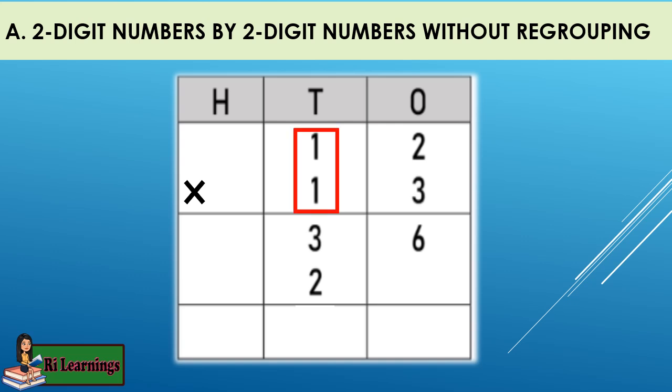Next, 1 times 1 equals 1. Step 4. Add the two partial products. Bring down 6. 3 plus 2 equals 5. Bring down 1. There are 156 attas in 13 trays. Mary Lou sells 156 attas.